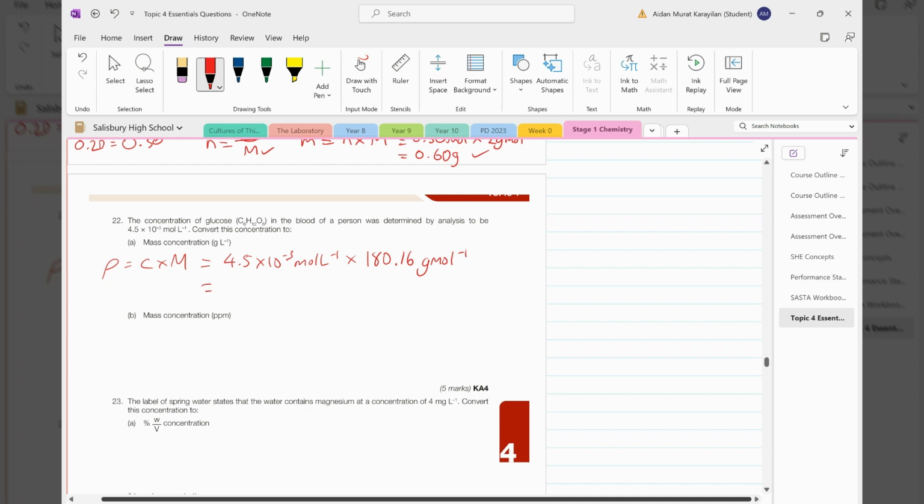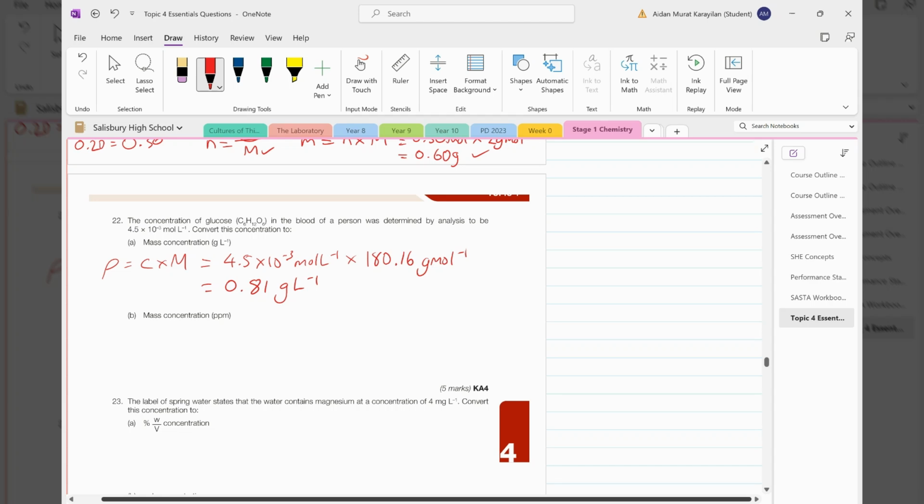So if we do this, we have 4.5. Actually, let's go 0.005. We end up with 0.81 grams per liter.